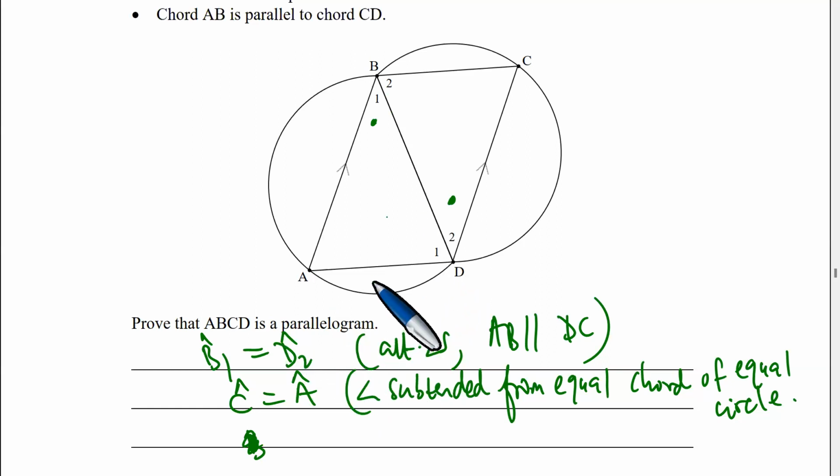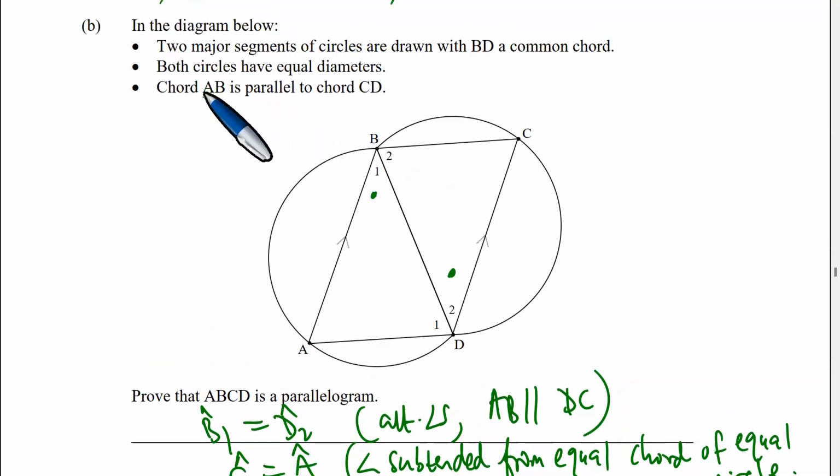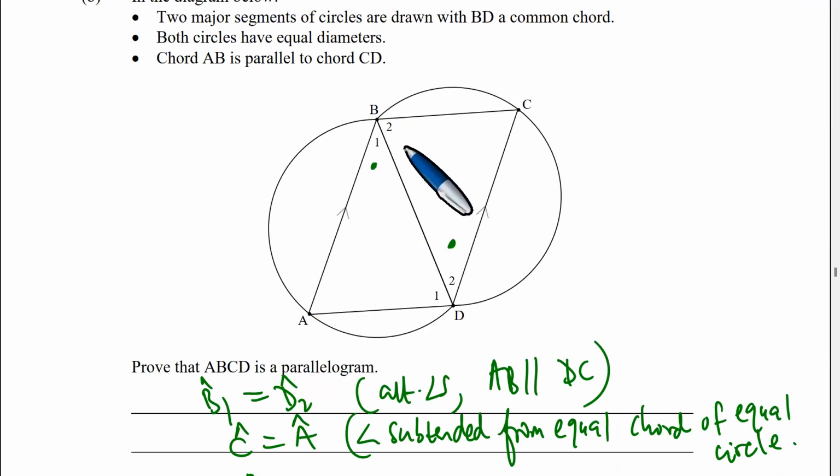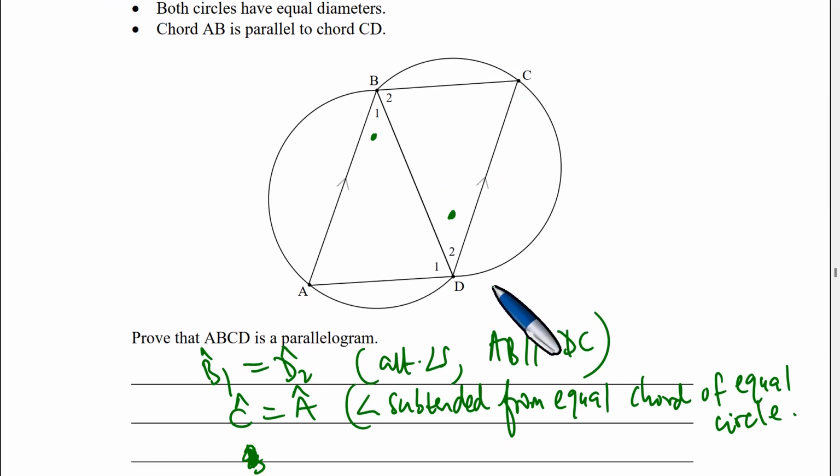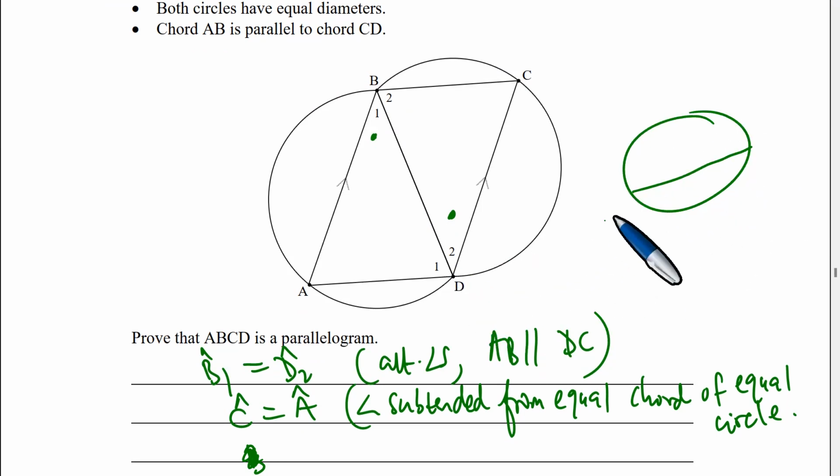All right, because these two circles are congruent, they have the same radius. Both circles have equal diameters, so these circles are equal in area. So this chord here subtends angle A, and the same chord subtends angle C. It's like angles in the same segment, but they've put them in different circles. What is the chord?